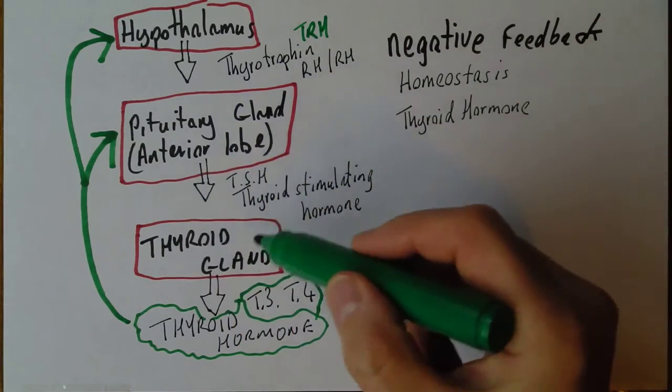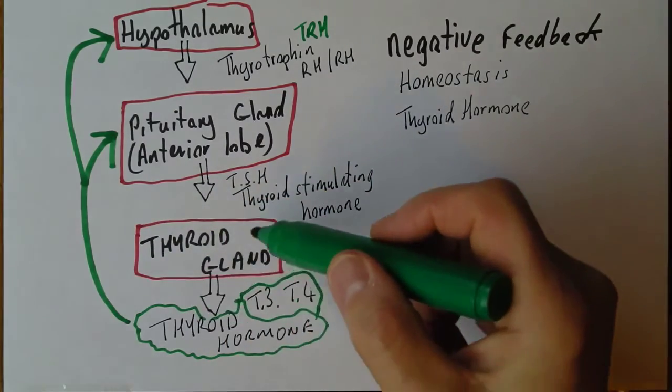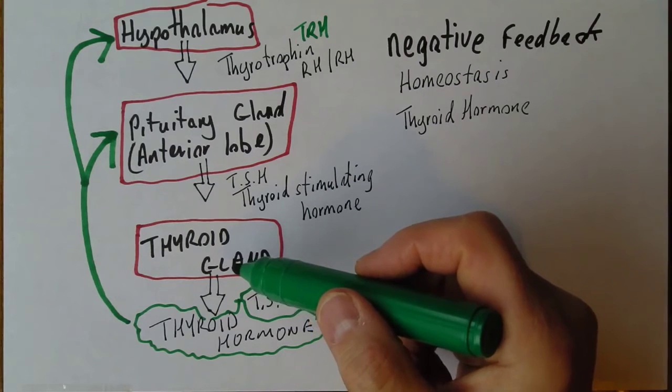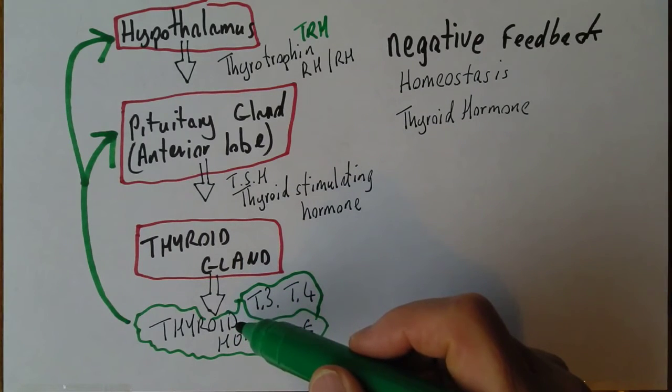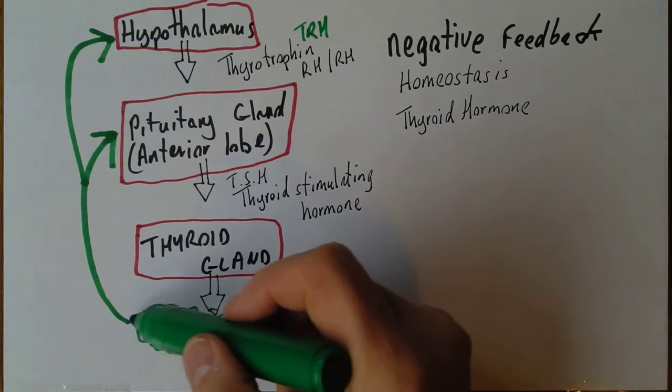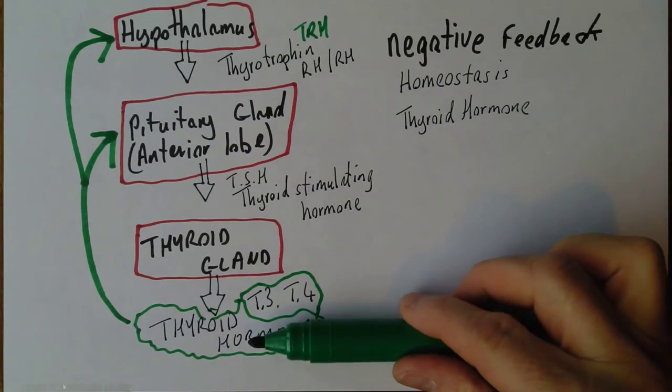If there's less thyroid stimulating hormone, there's going to be less stimulation of the thyroid gland. If there's less stimulation of the thyroid gland, there's going to be less thyroid hormone produced by the thyroid gland. Therefore, the levels in the blood will start to drop.